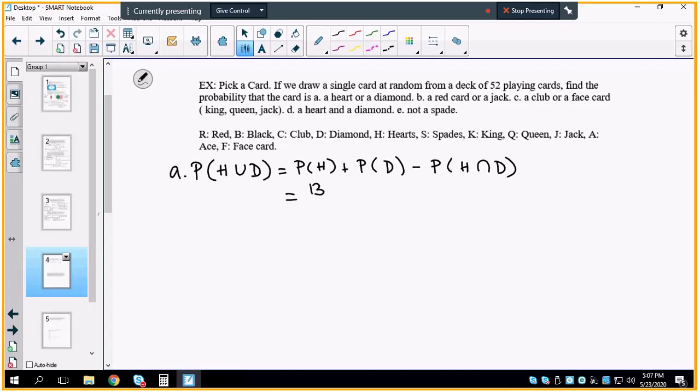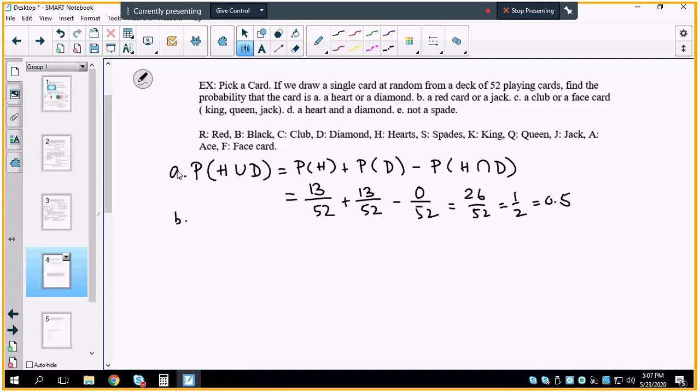Remember, there are 13 hearts, so 13 over 52, 13 diamonds, so 13 over 52, and there is no card which is both heart and diamond, so this is 0. Even though there is an intersection, it should be 0. So I get 26 over 52, which is 1/2, that's 0.5, answers my question.